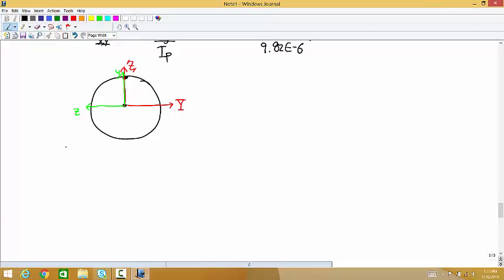Okay, so our sigma capital X, capital Y, capital Z is equal to 0, negative 2.04 times 10 to the 8th, 0, negative 2.04 times 10 to the 8th, and zeros.